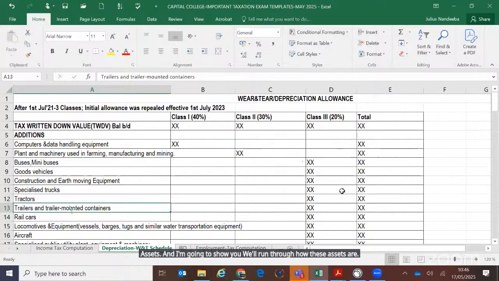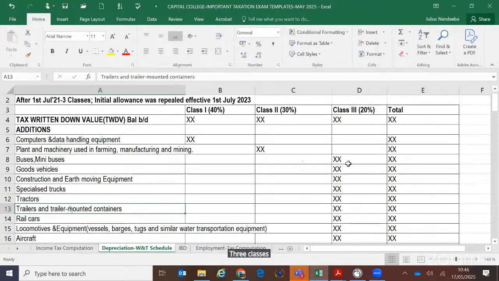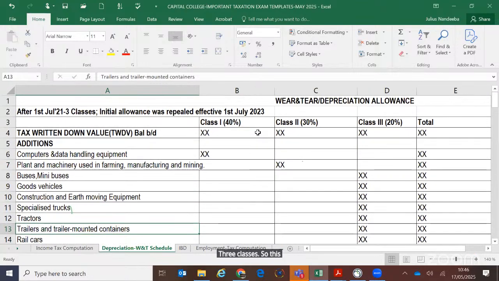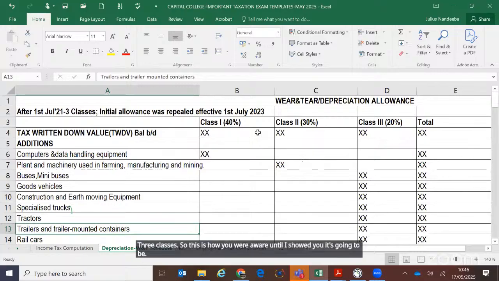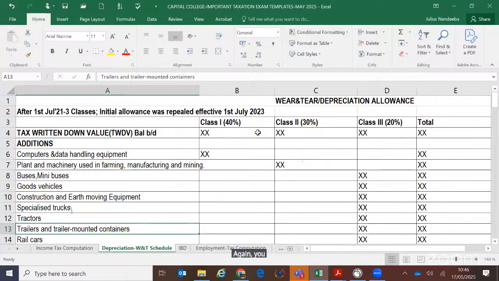Now, first of all, we recognize that there are only 3 classes. So this is how your wear and tear schedule is going to be. Again, you have how many columns? 1, 2, 3, 4, 5 columns. Column number 1 is for the description of the items they have given you.